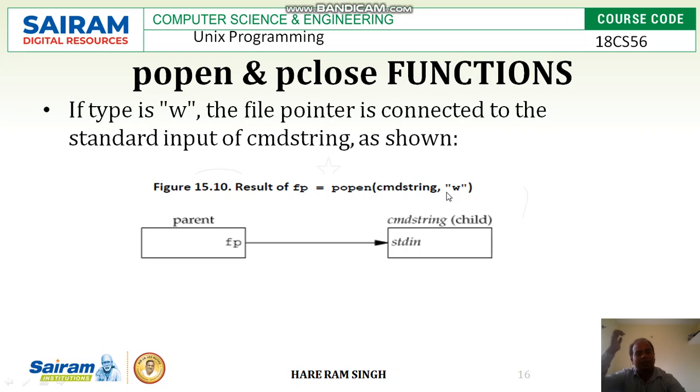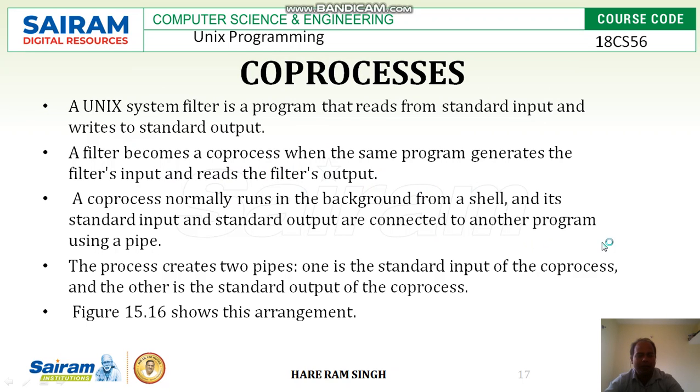So if the type is write, the standard input of the child process is connected to the file pointer. Whatever the parent process writes using the file pointer goes to the standard input of the child process. So this is all about the popen and pclose functions.